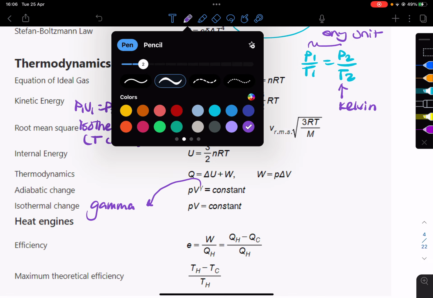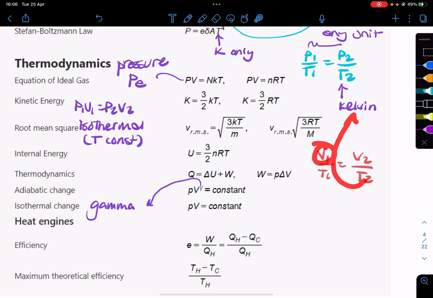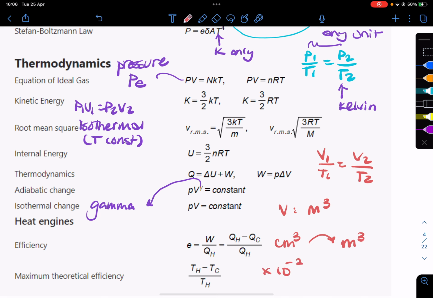Okay, the final equation that can come out of this is if the pressure is constant, we can say V1 over T1 equals V2 over T2. I think this is called Charles' law. And again, T has to be in Kelvin, and V is in meter cubed. All right, so if you have centimeter cubed and you need to convert to meter cubed, then you multiply times 10 to the minus 2 cubed. That means multiplying times 10 to the minus 6.